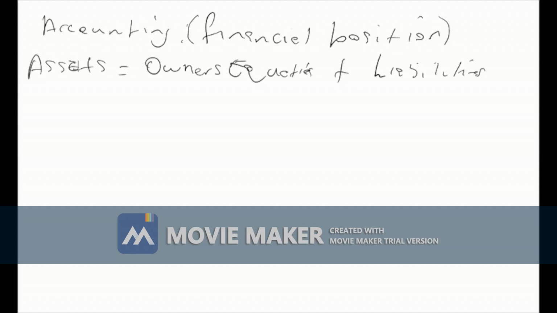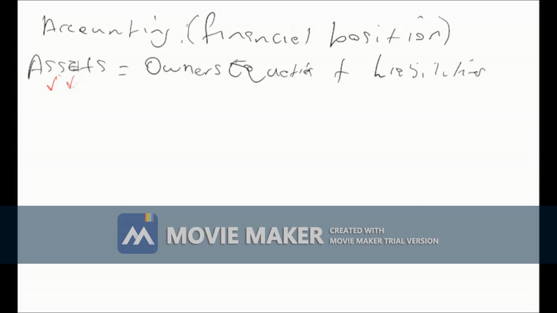Based on this, you can't understand the whole accounting equation while you don't understand what the assets, the owner's equity, and the liabilities are. Now, assets are the resources controlled by the business.